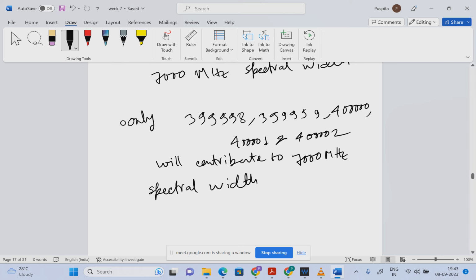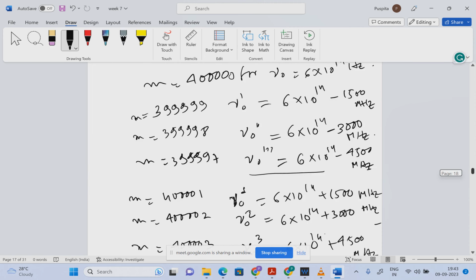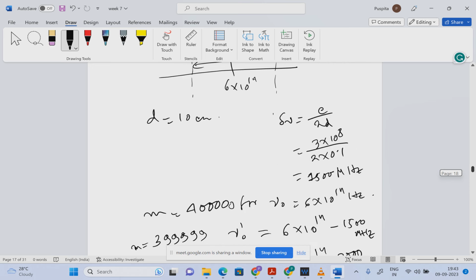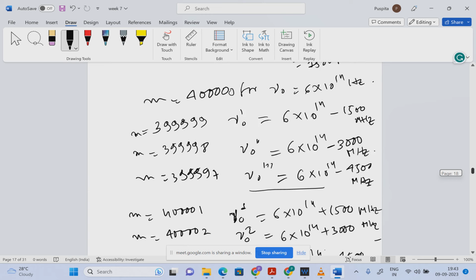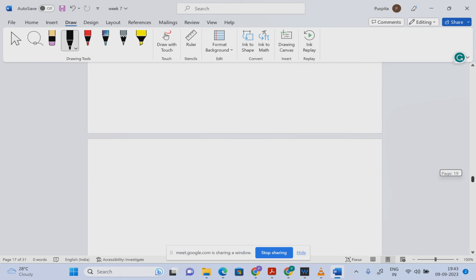This is how you can calculate this without the calculator. Otherwise, you can subtract the frequency from 6 into 10 to the power 14 hertz and then calculate the corresponding m. So you need a very precise calculator for that.